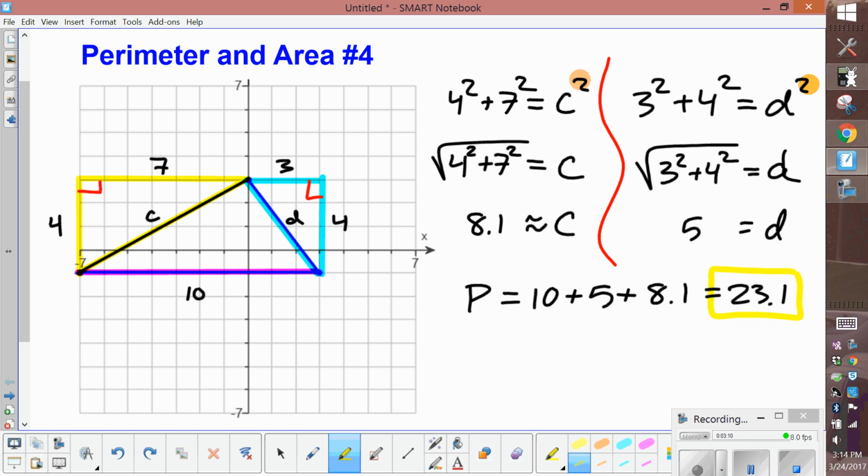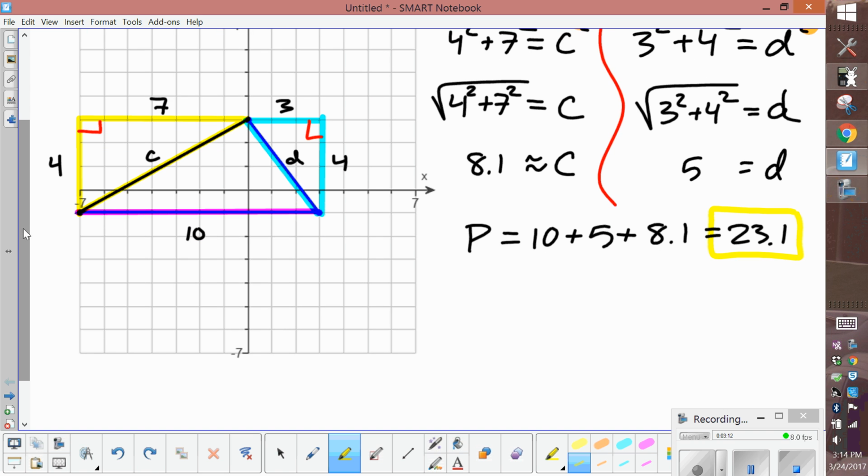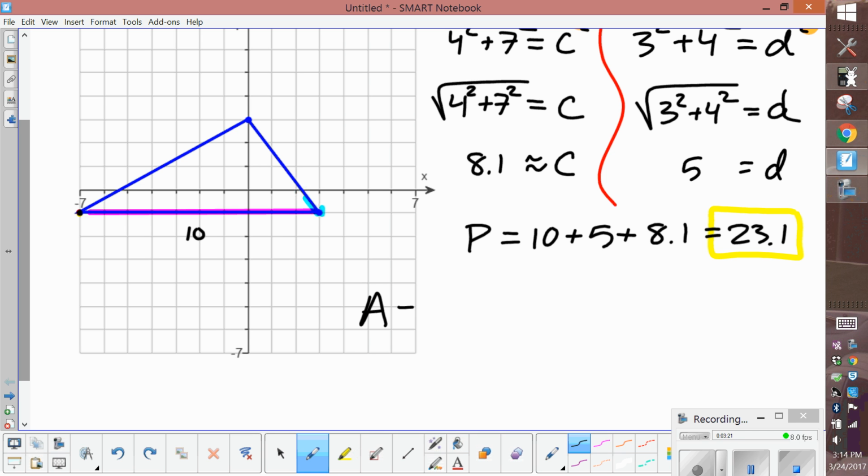Okay, area is actually easier. I'm going to get rid of these upper triangles. Area has a specific formula for any triangle, and that is area equals 1/2 base times height. Well, I already know the base of this triangle. It's 10. And I don't have a height here, but I could draw one real quick.